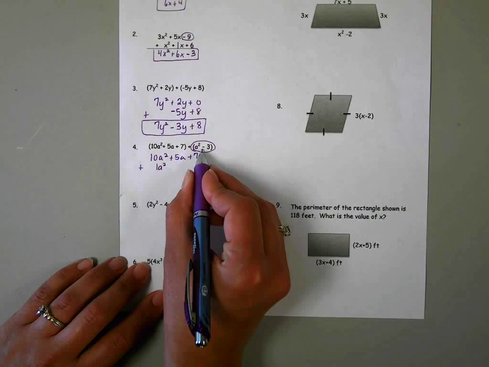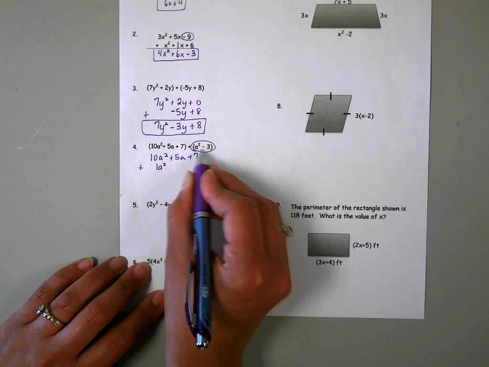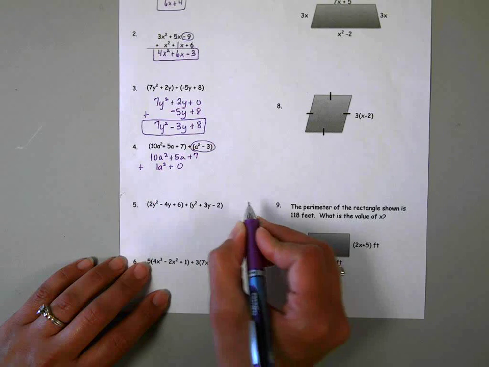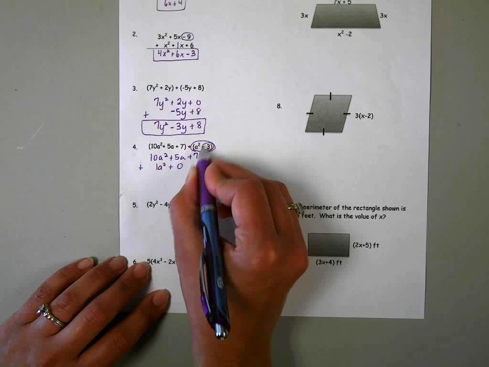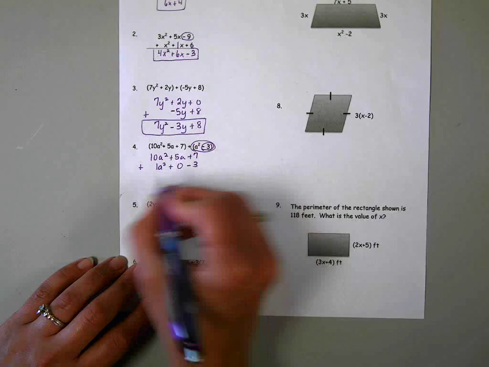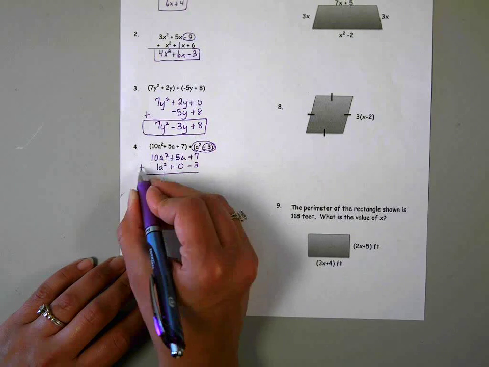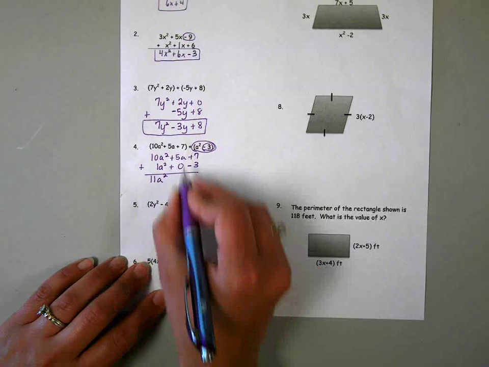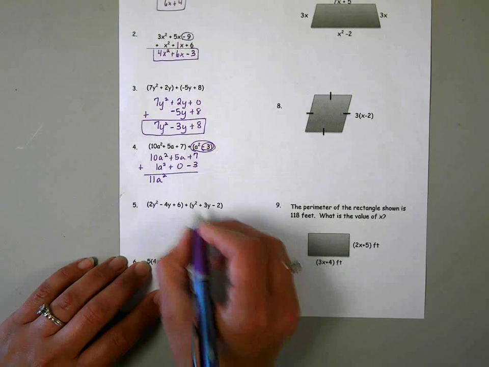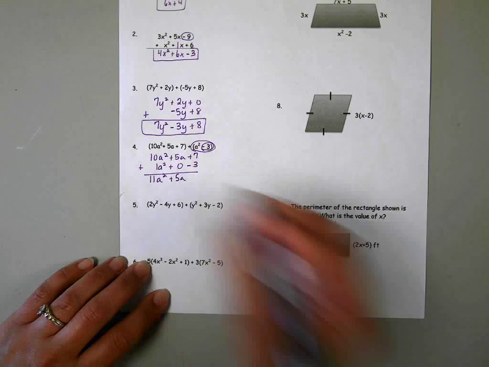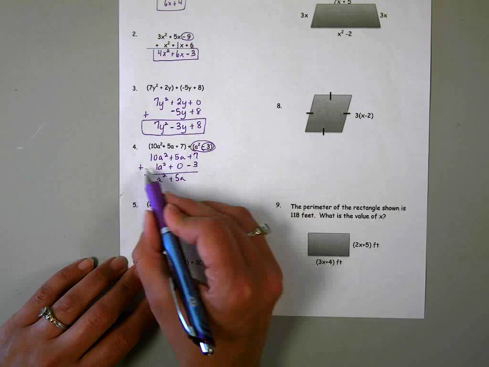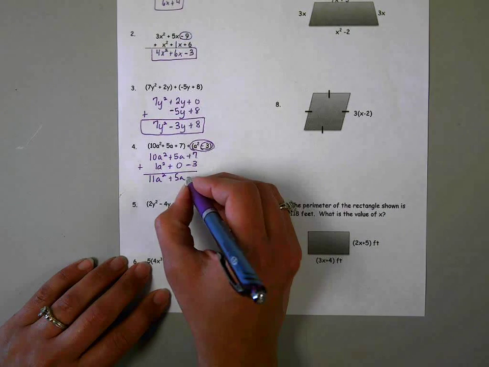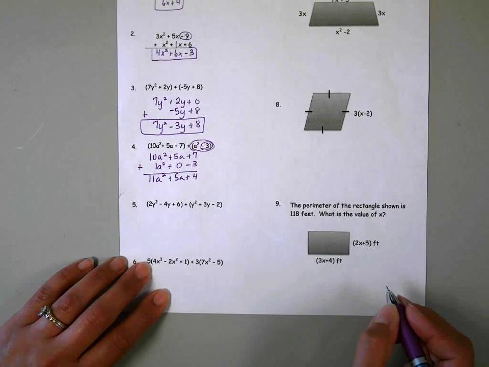I don't have an a in this polynomial or binomial, so I'm just going to say plus 0, and then I have a minus 3. So 10a squared plus 1a squared is 11a squared. 5a plus 0 is 5a. 7 plus a negative 3 is a positive 4.